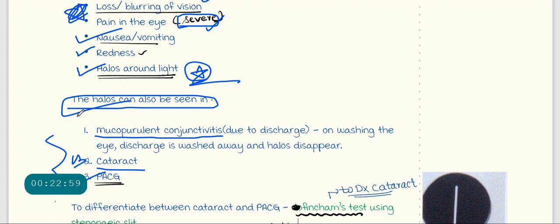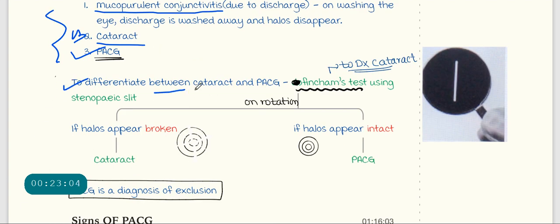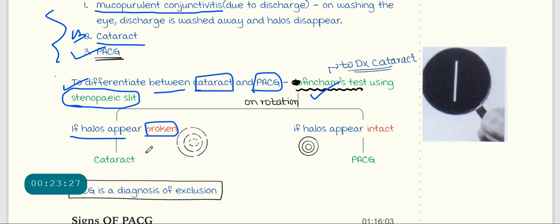To differentiate between cataract and PACG, we use the Fincham's test, done with stenopaic slits. If the halos appear broken, then it is a cataract. If the halos are intact and not broken, then it is PACG. This is the method by which we can differentiate cataract and PACG.